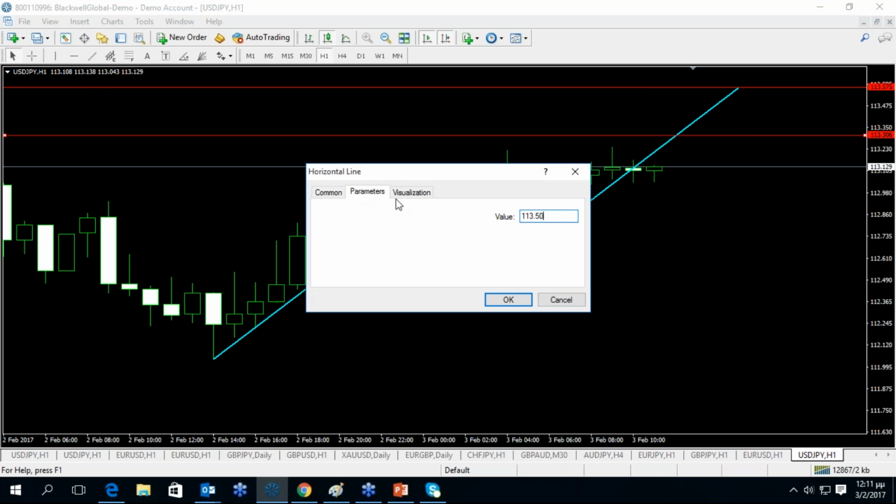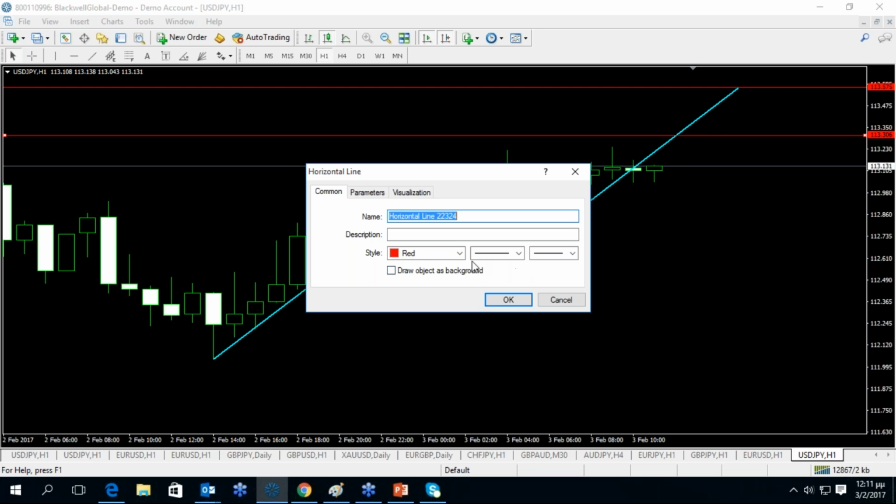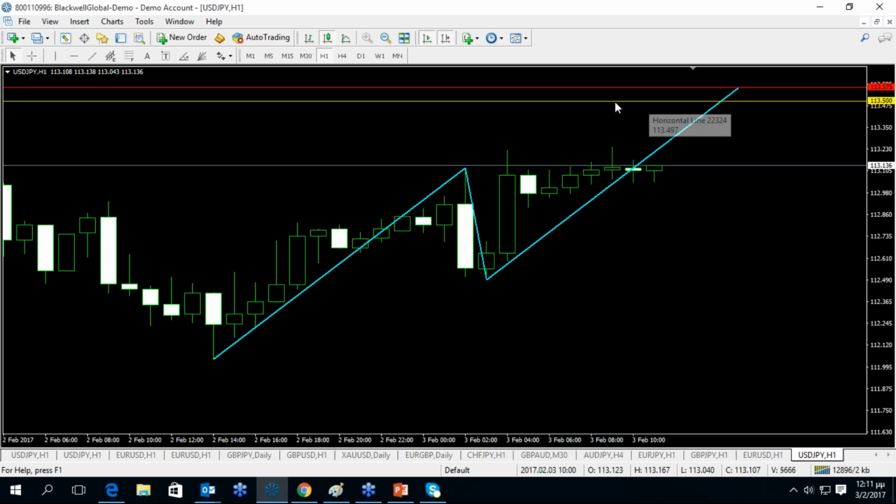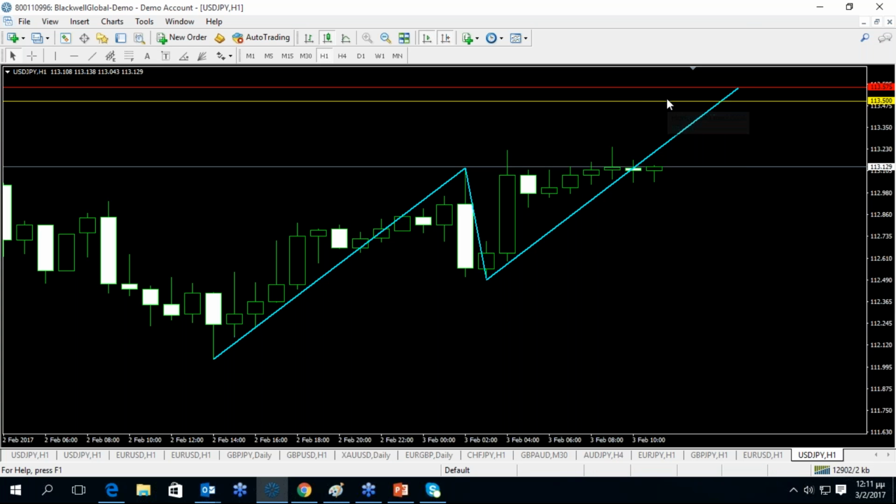I'll change the color there, let's say the yellow one, so that you get an idea. That's your psychological level there, the 113.50 area. Prices may be going upwards, but you need to look into exiting before it reaches 113.50, so you need to be really careful with that area.